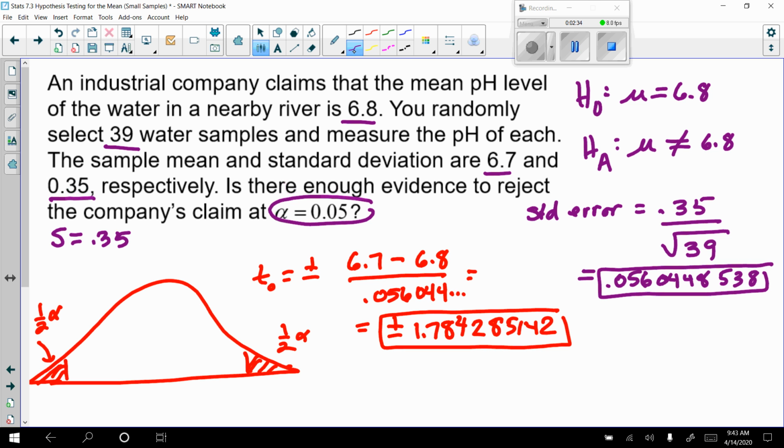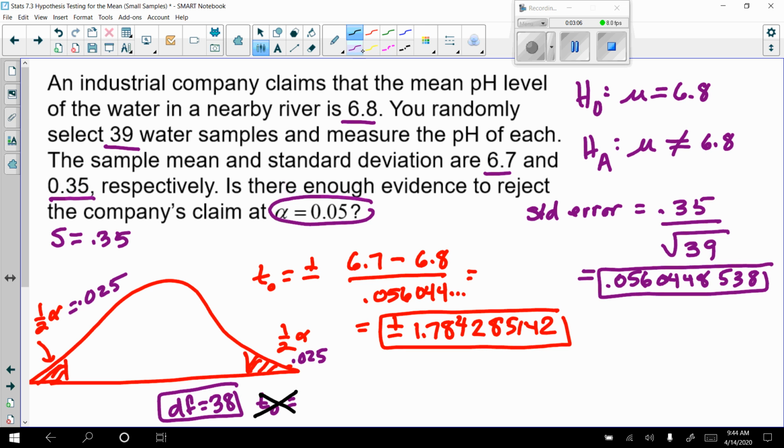1/2 of alpha is going to be 0.025 and 0.025. And if I find the t naught from the tables using the degrees of freedom of 38, oh, the degrees of freedom table doesn't go up that far, so we're going to have to continue with our p-value.